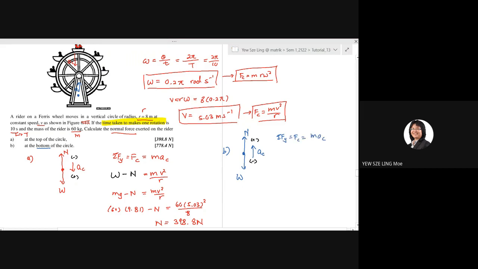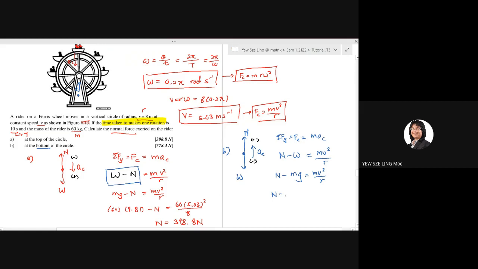So Fc now, I have what? I have N minus W. Okay, just now it was W minus N. Now I have N minus W equals mv squared over r. Okay, so N minus mg equals mv squared over r.